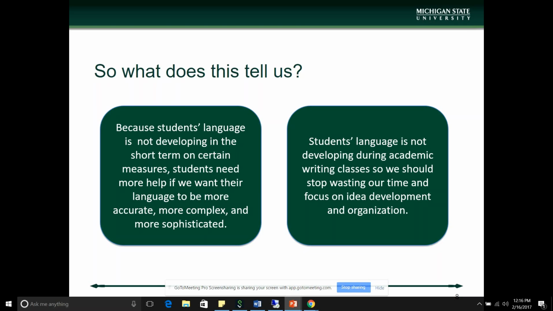One is that if students' language is not developing in the short term on certain measures such as accuracy, complexity, and vocabulary, do students need more help to improve their language over the course of a semester? Or do we look at it another way? Do we say, look, their language is not really developing on these measures, so we need to stop wasting our time and really focus more on idea development and organization?